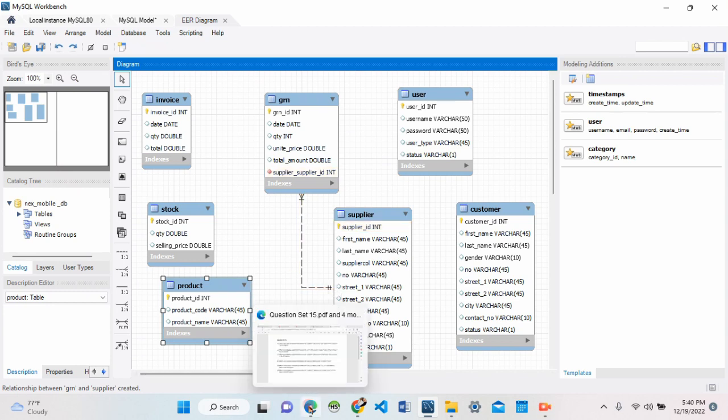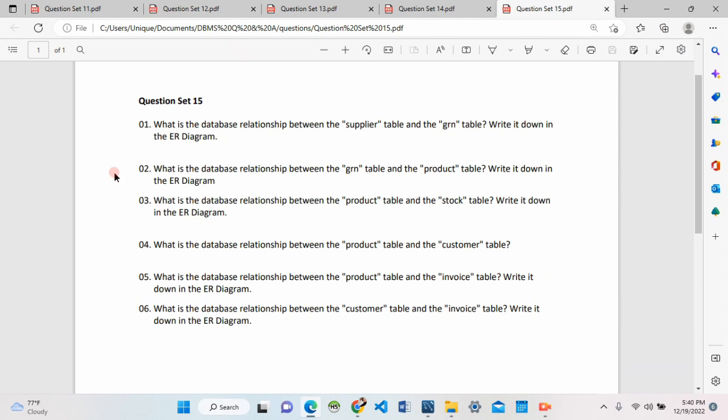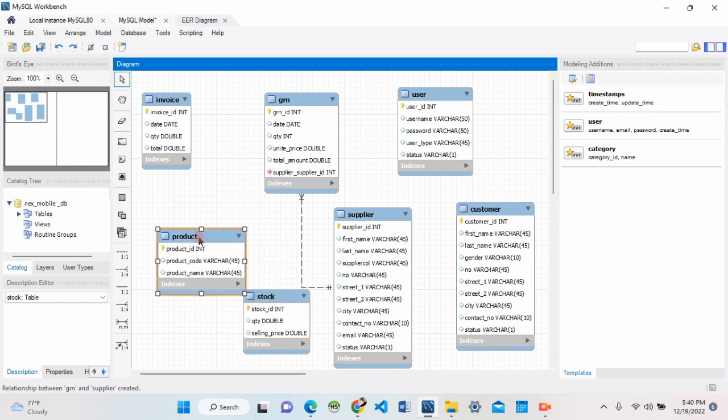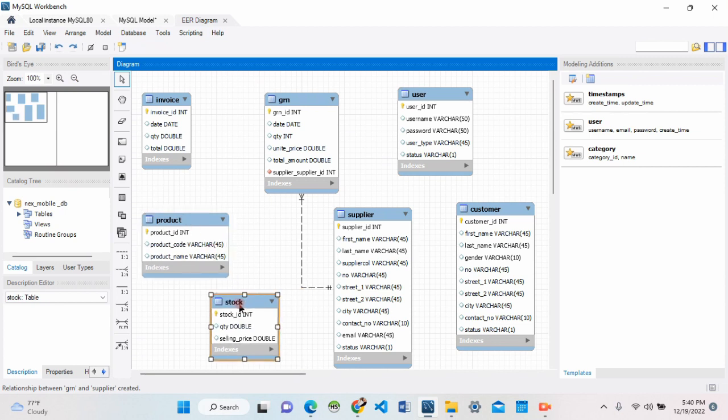Now we'll see the second question. What is the database relationship between the GRN table and the product table? Write it down in the ER diagram. In the second question, they tell us to mark the relationship between the GRN and product tables. Here's the GRN table and here's the product table. If I mark the relationship between product table and GRN, it will be a one-to-many relationship.